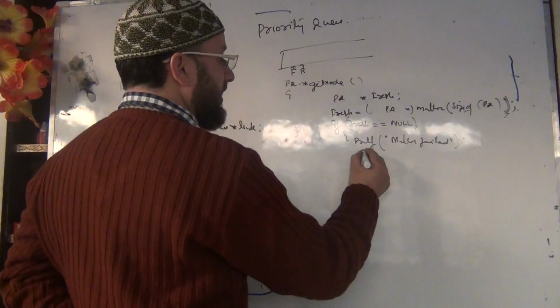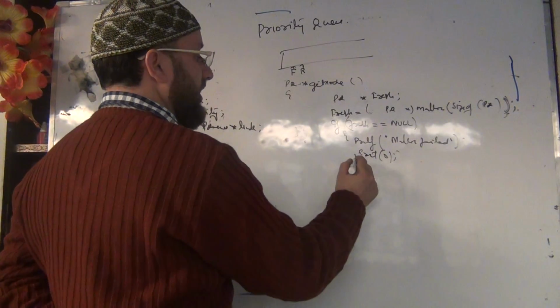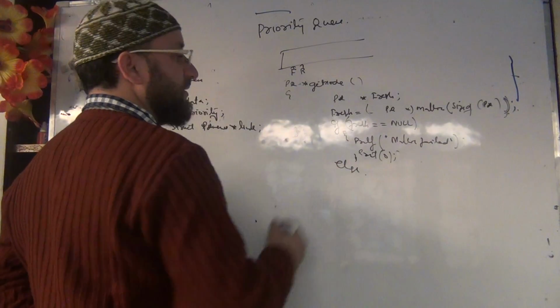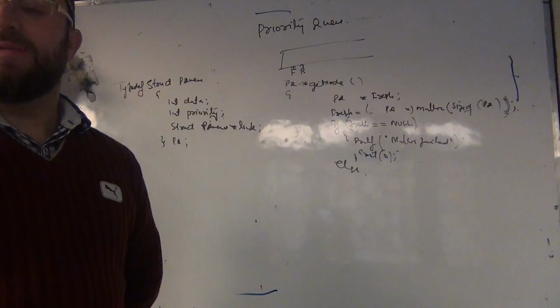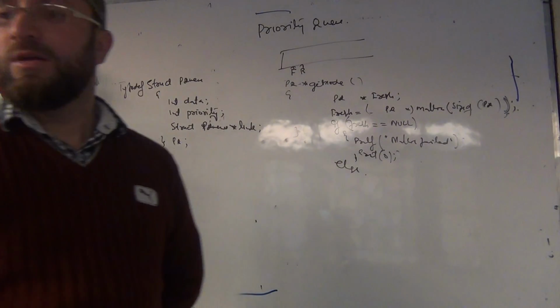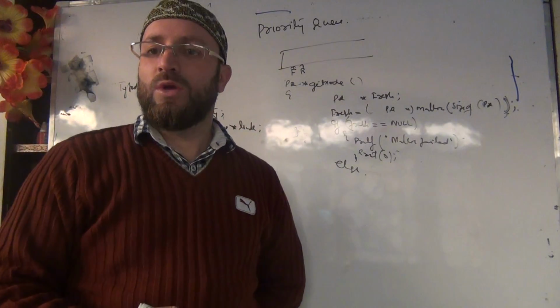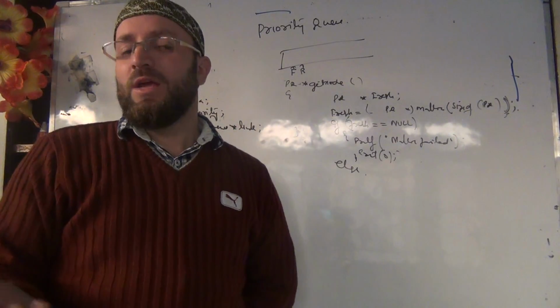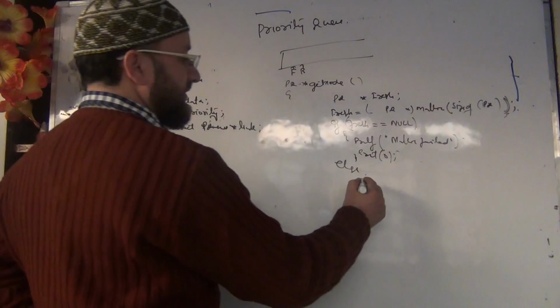And let me say exit 0 or something like 1, whatever you like. And else, if memory doesn't fail, then what are you going to do? Insert the data and insert the priority.